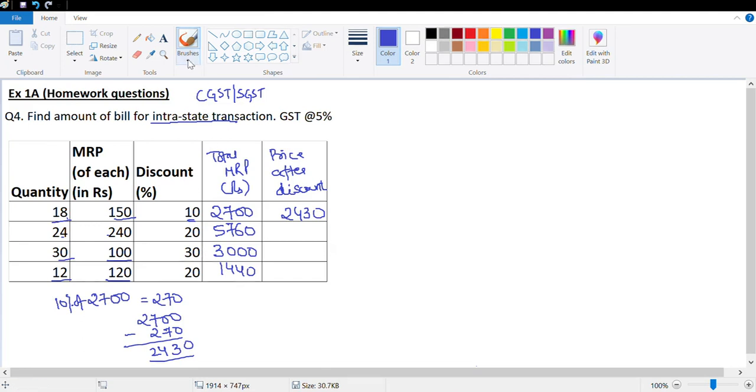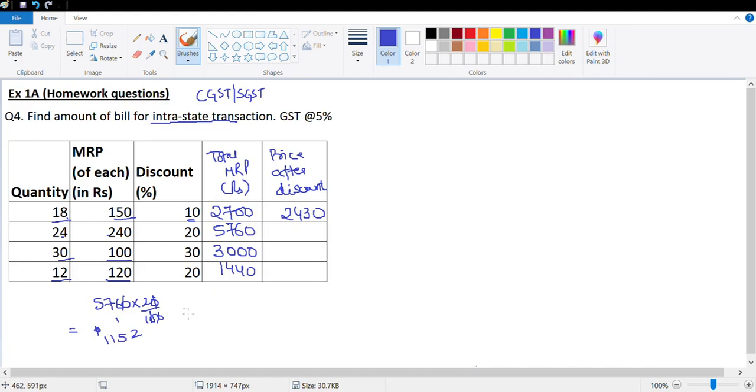In case of the second one, the discount is 20%, so 20% of 5760, which means my discount is 576 into 2, that's 1152.